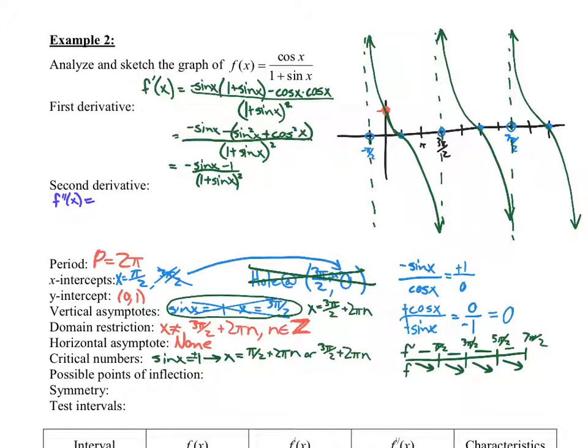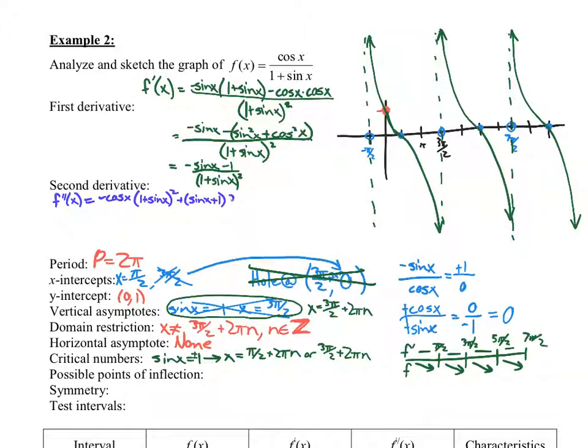We have a negative cosine x times a 1 plus sine of x squared minus a negative, so this is going to be plus sine x plus 1. I just kind of factored out the negative 1 from the numerator to make that a plus, times the derivative of the bottom.